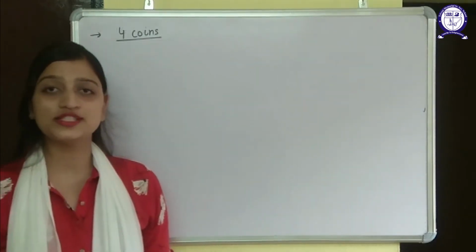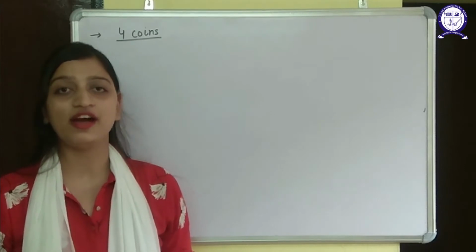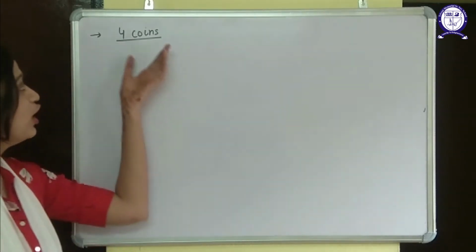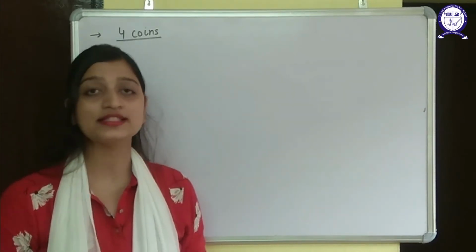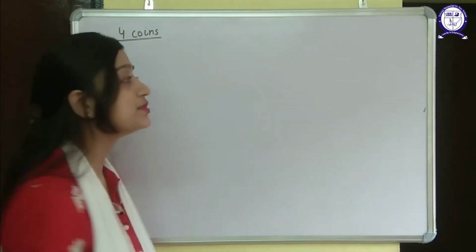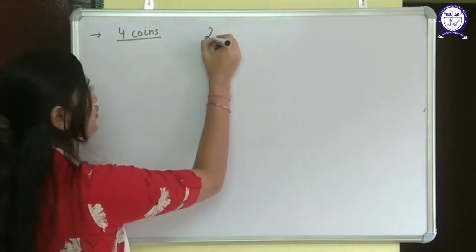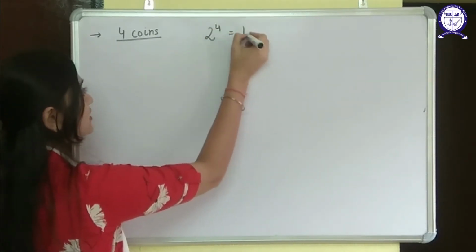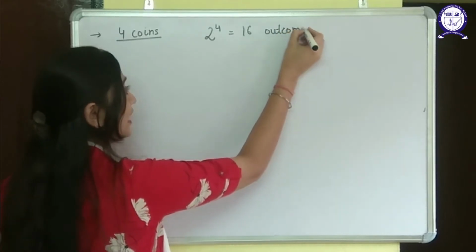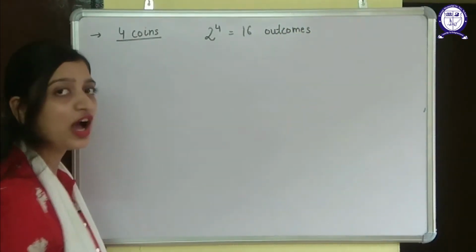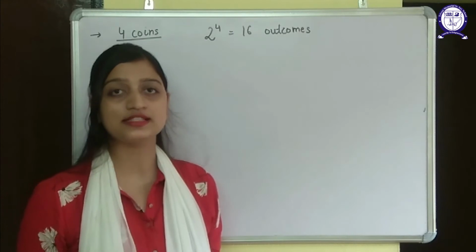Now let's use this trick once again to find the sample space of 4 coins. For 4 coins, how many outcomes will I have? I will have 2 raised to the power 4, that is 16 outcomes. And making 16 outcomes without the trick is a very tedious task.